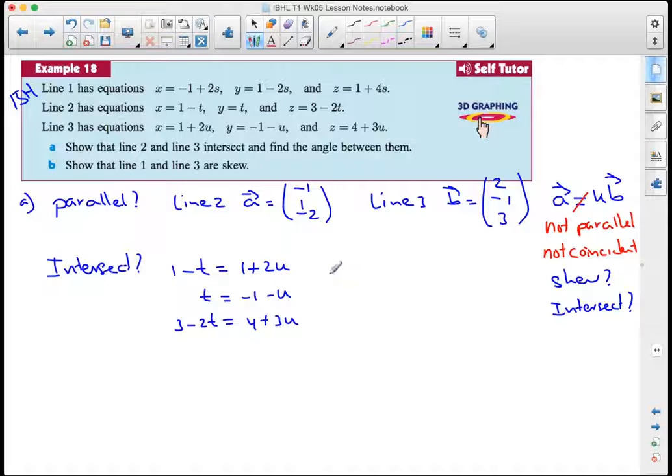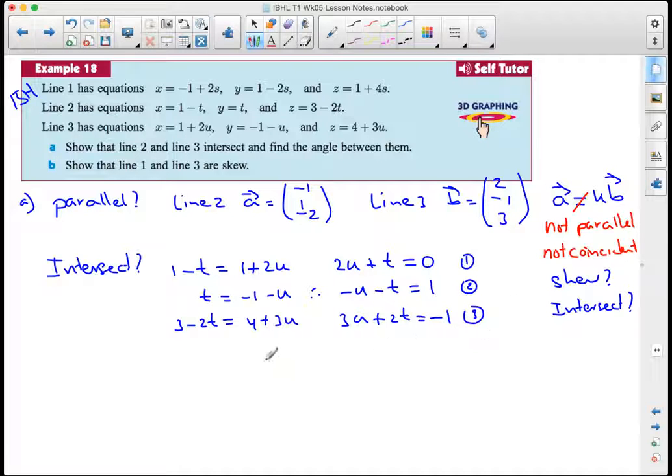Rearranging this a little bit, it says 2u plus t equals 0, -u take t equals 1, and 3u plus 2t is -1. I can label them 1, 2, 3.